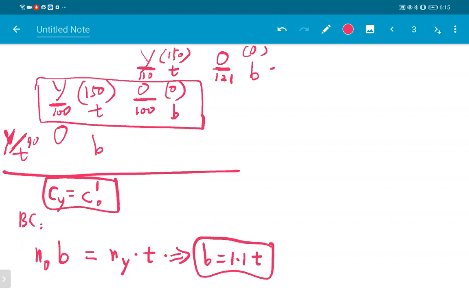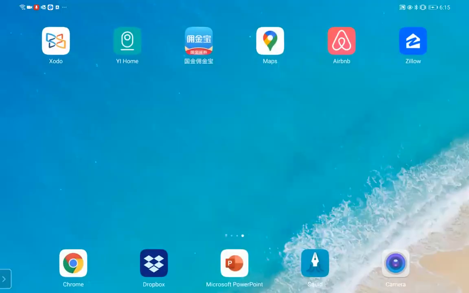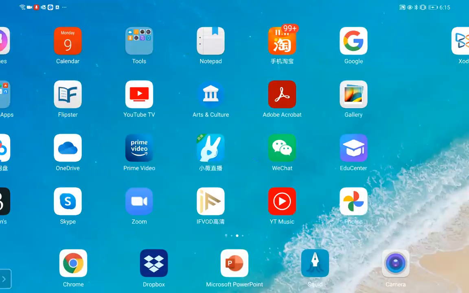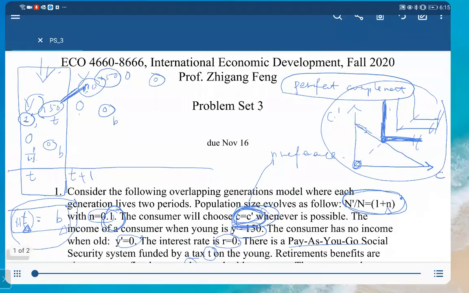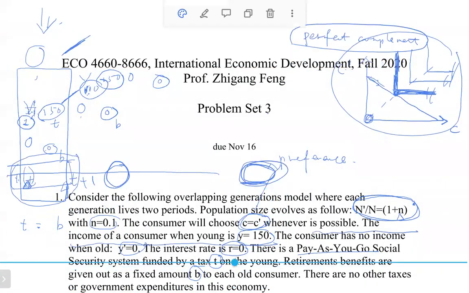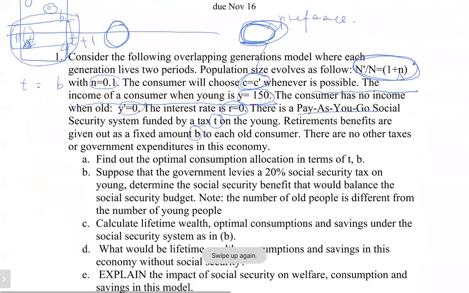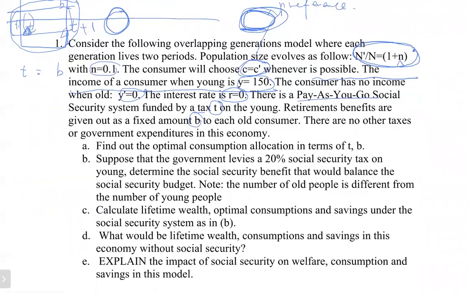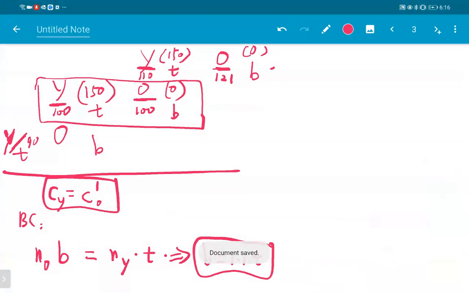Now let's see what else information we have to answer the first part. Part 1: find out the optimal consumption allocation in terms of B. We need to look at the households' budget constraint, which you can write two different ways.